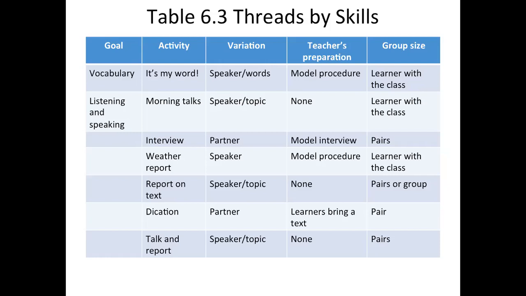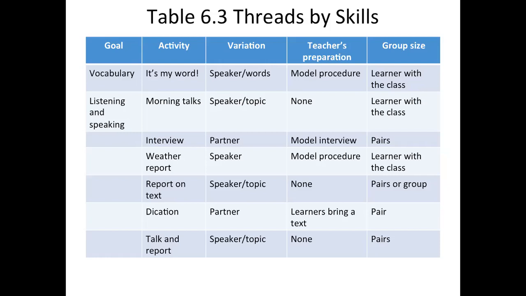You can also develop the listening and speaking skills through interview activities. The variation would be that the students are partners, and they can change partners to have the interview. The preparation is that the teacher has some kind of model interview, and the activity should be in pairs.